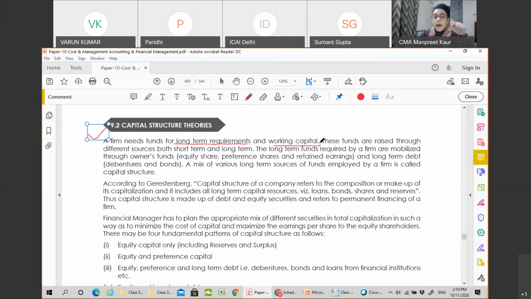These long-term funds are mobilized through equity shares, preference shares, retained earnings, and debentures and debt. The mix of various long-term sources of funds employed is known as capital structure. Not the short-term, the mix of various long-term sources of funds is the capital structure.